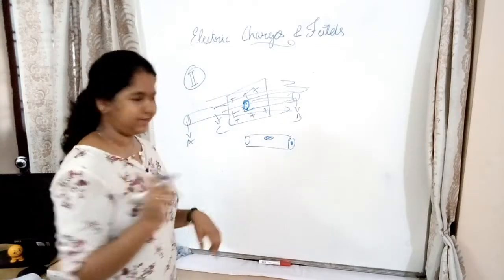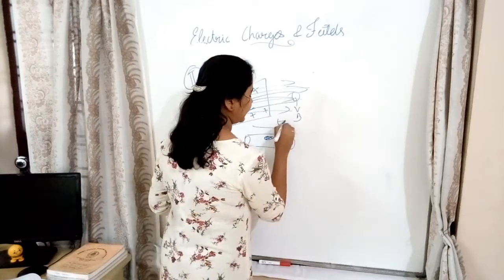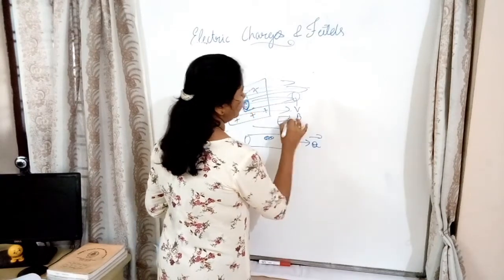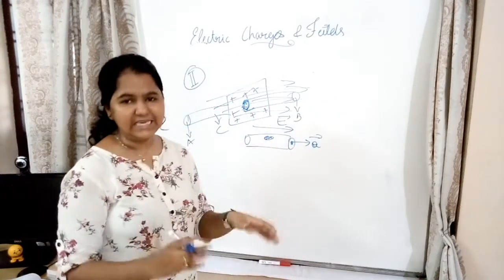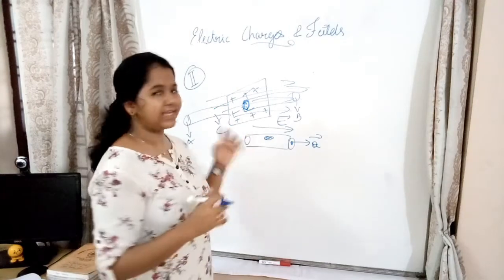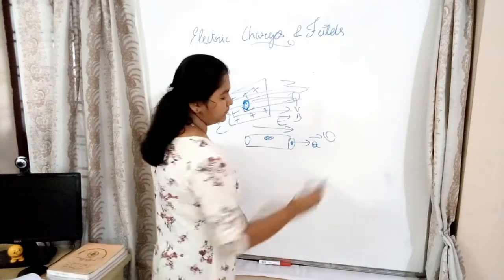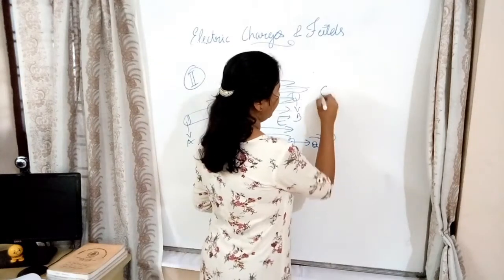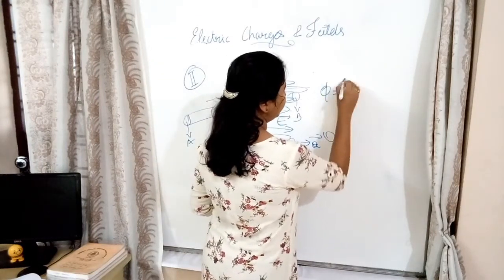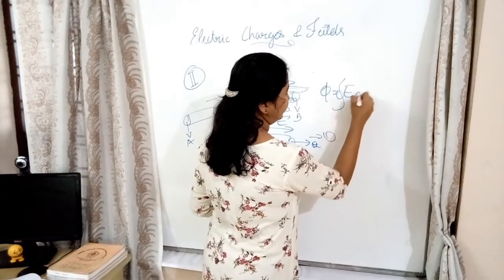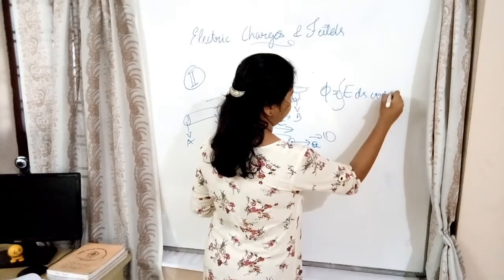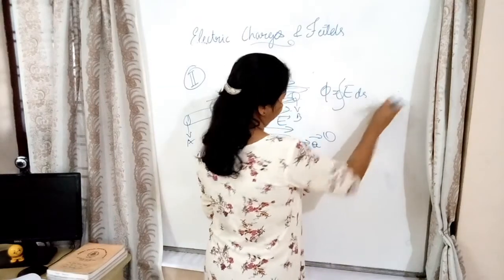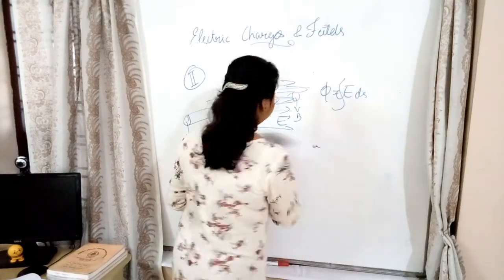For the end face, the electric field is like this and the area vector is like this. So what does that imply? The angle between E and A, the electric field and area vector, is 0. So we know phi is equal to the closed integral of E ds cos theta. If cos theta is 1, it's E ds. So now we'll write it.